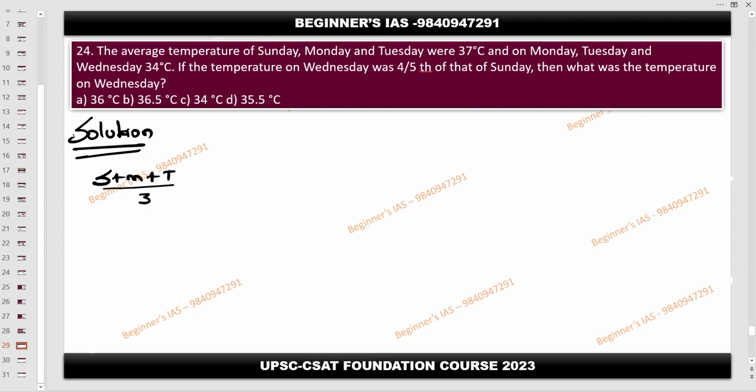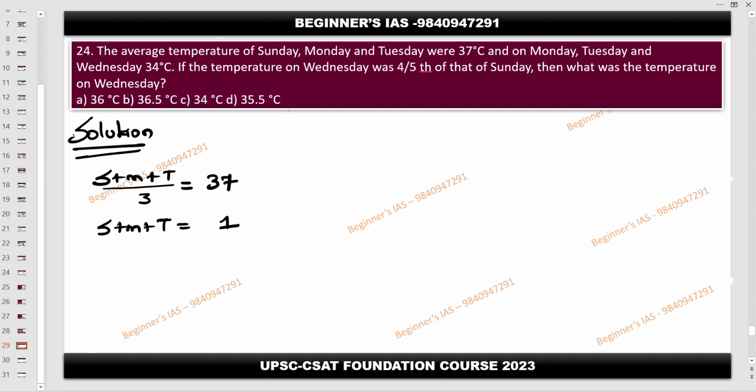So please be careful here. Okay, this is a simple question. During last year's crash course also we have done this model, but not the same problem. This model we have done. So here 37, cross multiply: S plus M plus T is equal to... Sir, I kept it as it is. You are keeping 3 into 37?